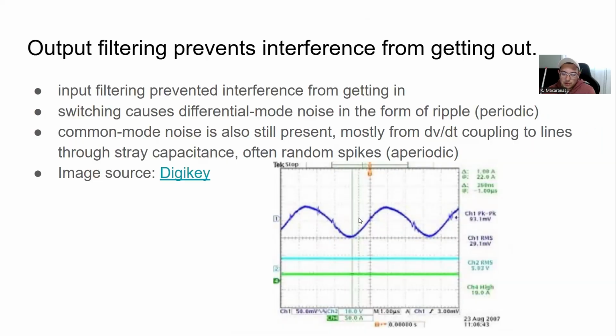Whenever we have a change in voltage, there's some amount of capacitance between conductors, and this change in voltage causes some sort of coupling into those conductors. Due to that stray capacitance, we've got little spikes of energy here. These are often random, or at least appear more random than the switching ripple. The ripple is very periodic, whereas this common mode noise is coming across as more random. So it's just one thing to look at there.